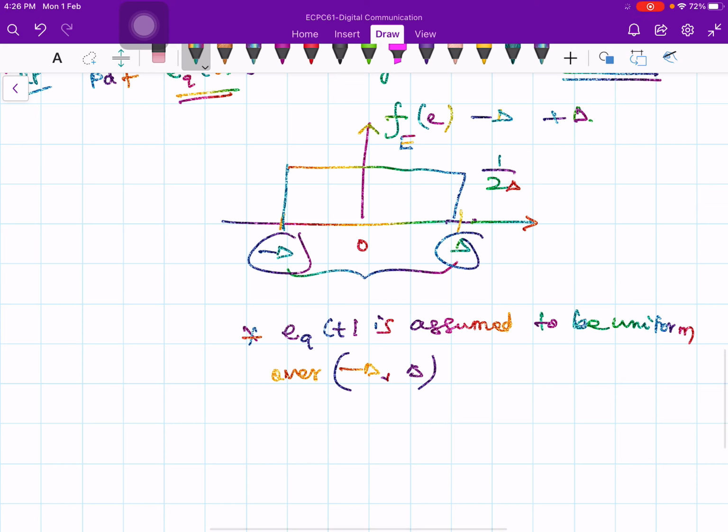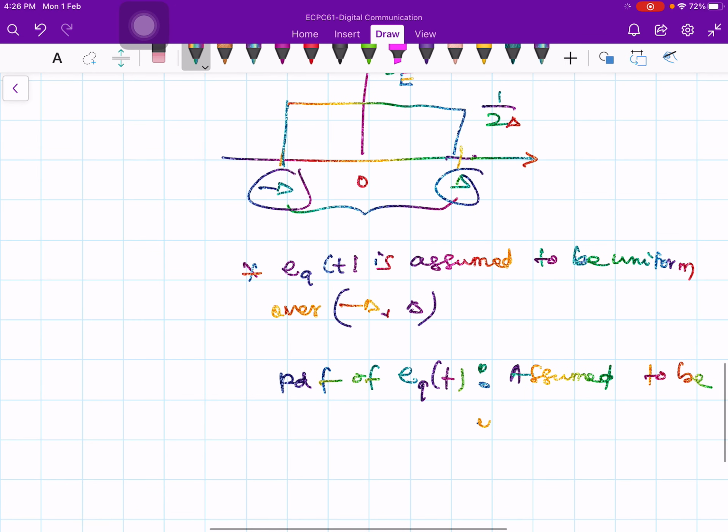Therefore, the PDF of e_q(t) is also assumed to be uniform over minus delta, plus delta.